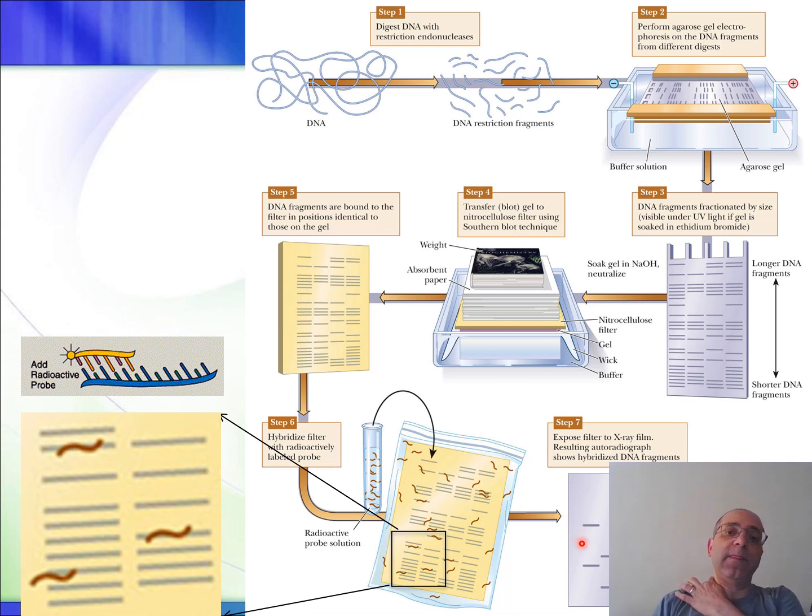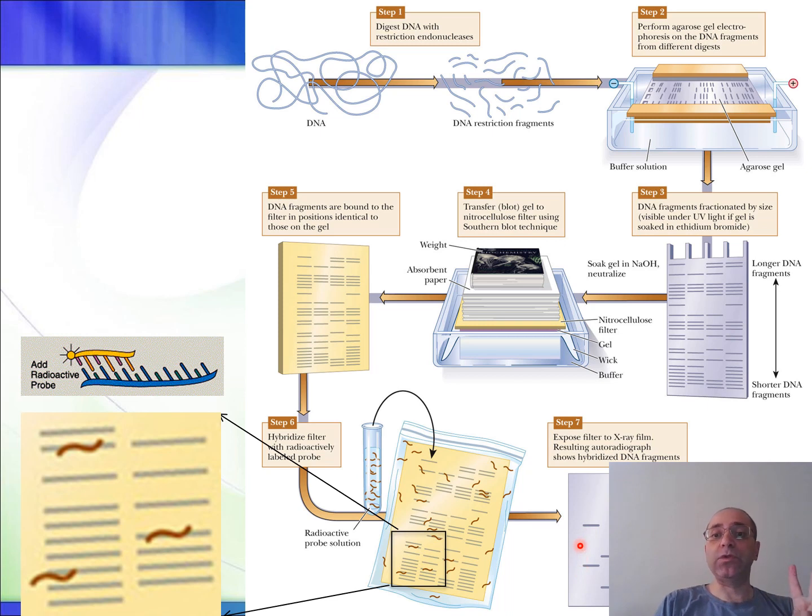So, and then the membrane, the fragments that have the probe bound to them would emit a signal. So we would have a signal coming out from here, here, here, and here, and so I know that these samples have a DNA fragment that has a sequence that is complementary to the probe. That's one. And number two, we know what the sizes of the DNA fragments are.